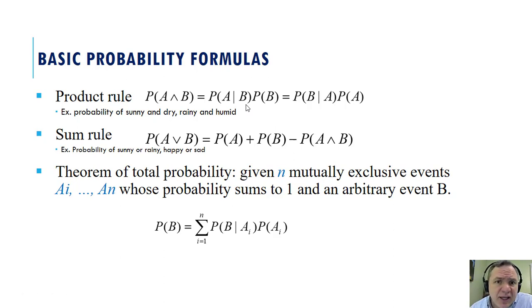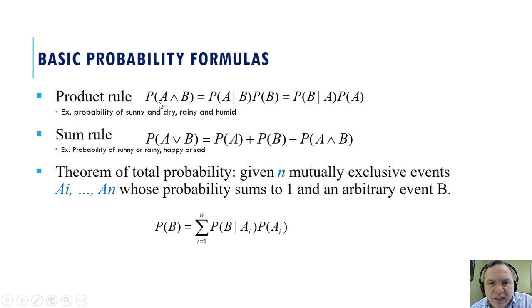This is something that we should calculate. It's really simple. We just need to count in how many days we have seen dry and sunny, and how many days we have seen dry versus how many days we have seen other types of weather.